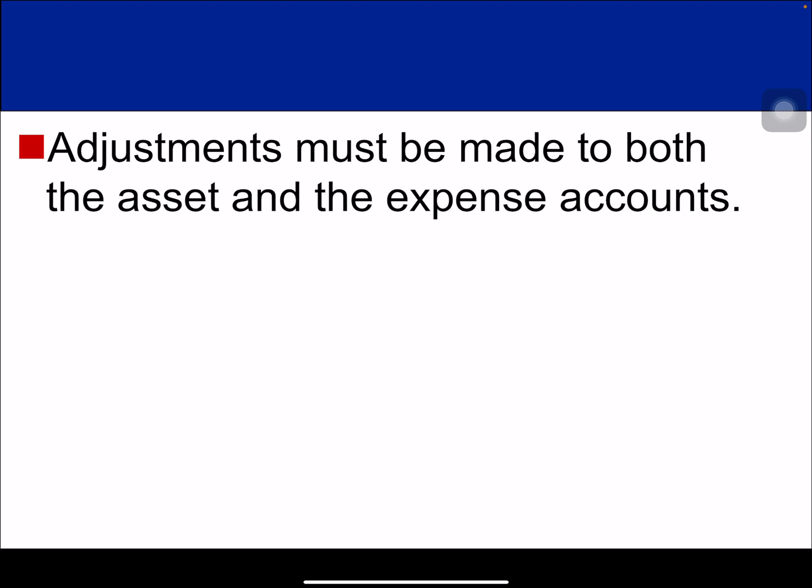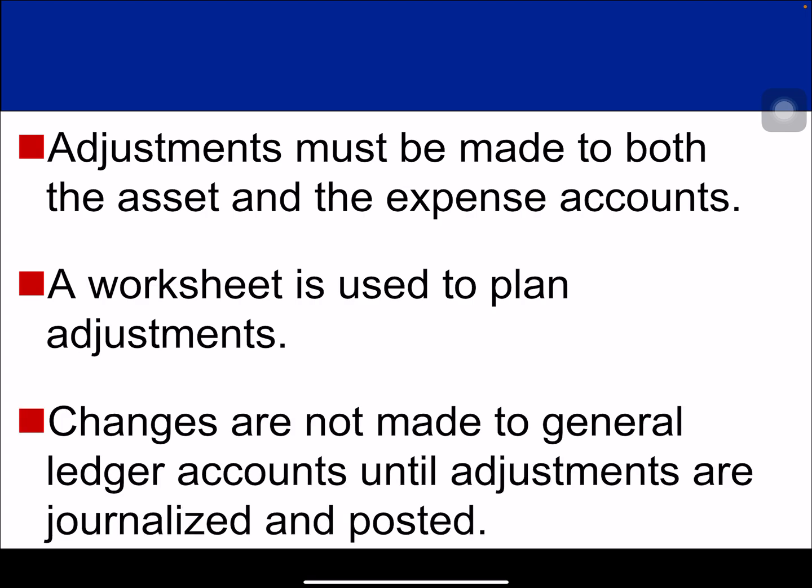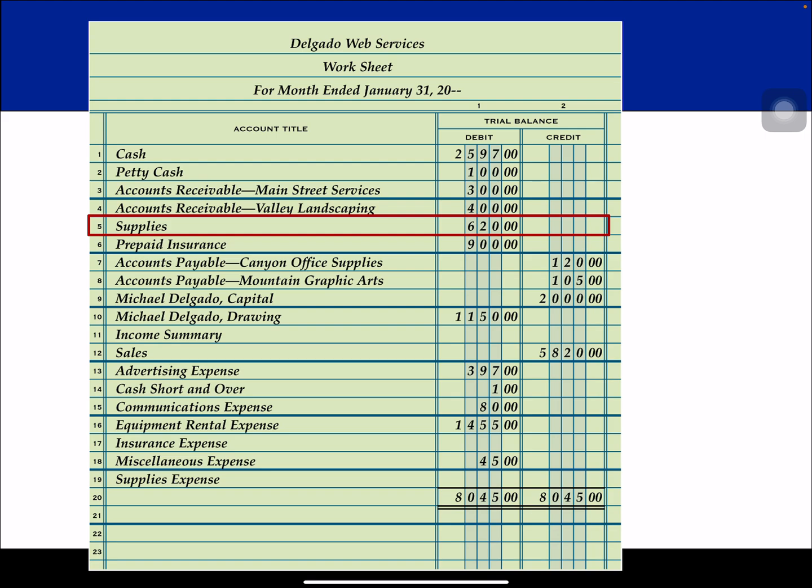Adjustments must be made to both the asset and the expense account. A worksheet is used to plan these adjustments, and changes are not made to the general ledger account until adjustments are journalized and posted. So again, we're going to organize them on the worksheet. Once everything is figured out on our worksheet, we will put it in our journal and then post it to make it a permanent part of our records.